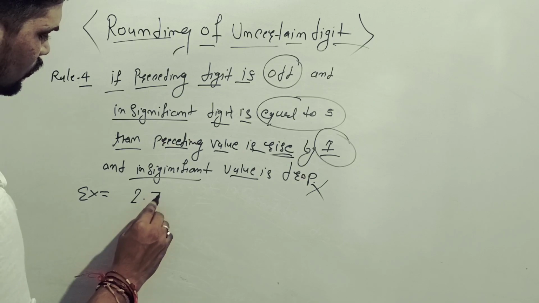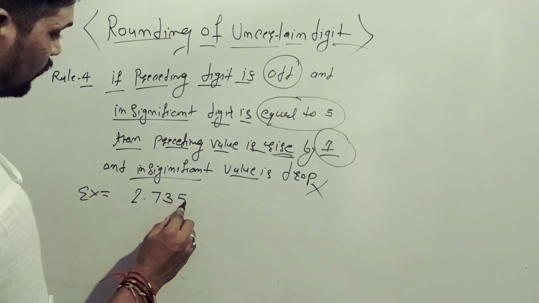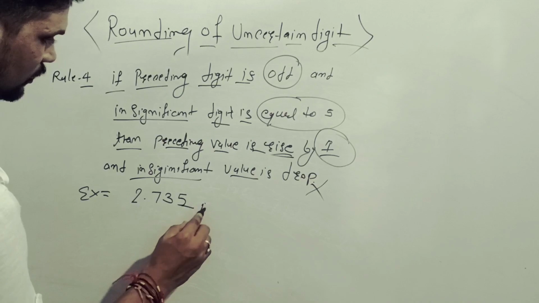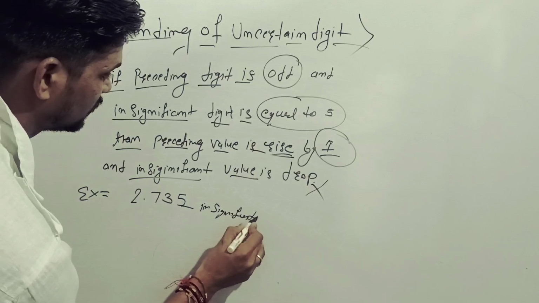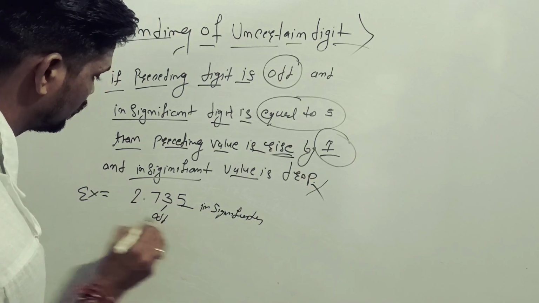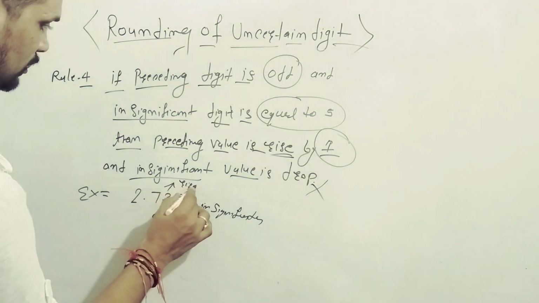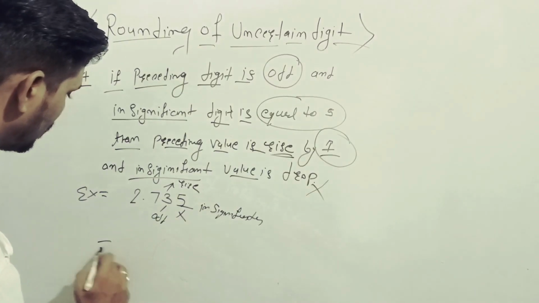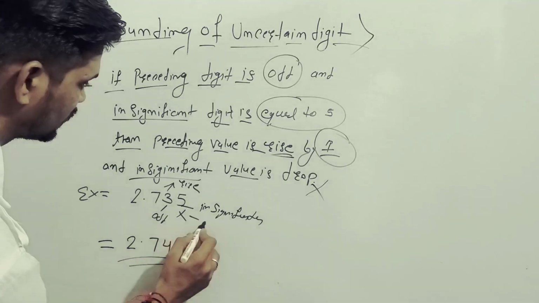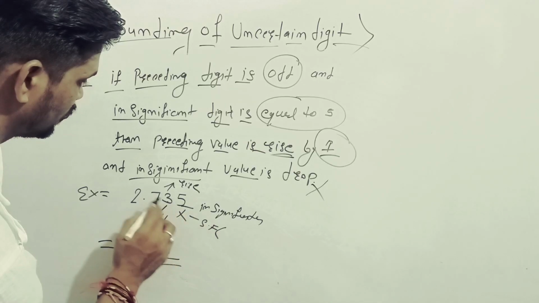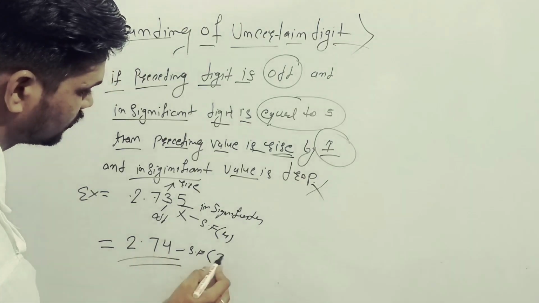For example, 2.735: the insignificant digit is 5, and the preceding value 3 is an odd number, then it is raised by 1. The resultant is 2.74, and the significant figures were 4 and after rounding it is 3.